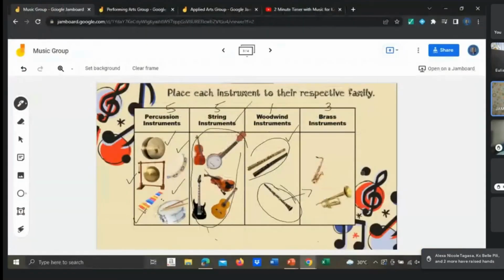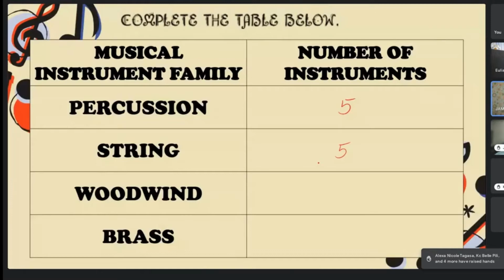Again, clarinet is under the brass instrument. How many instruments are there in the woodwind? Let's have John Bryle. Ma'am, 1 po. Okay, we have here only 1 instrument under the woodwind. How about the brass instrument? Let's have Rafael. 3 po. Okay, we have here 3 under the brass family.